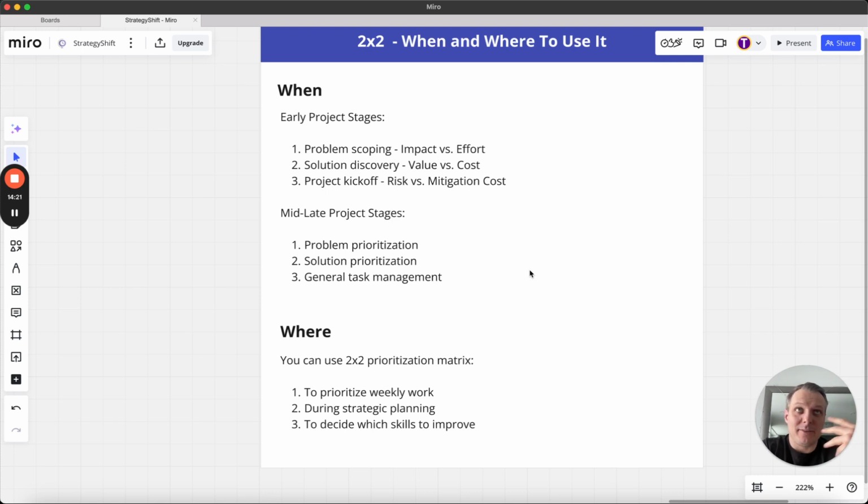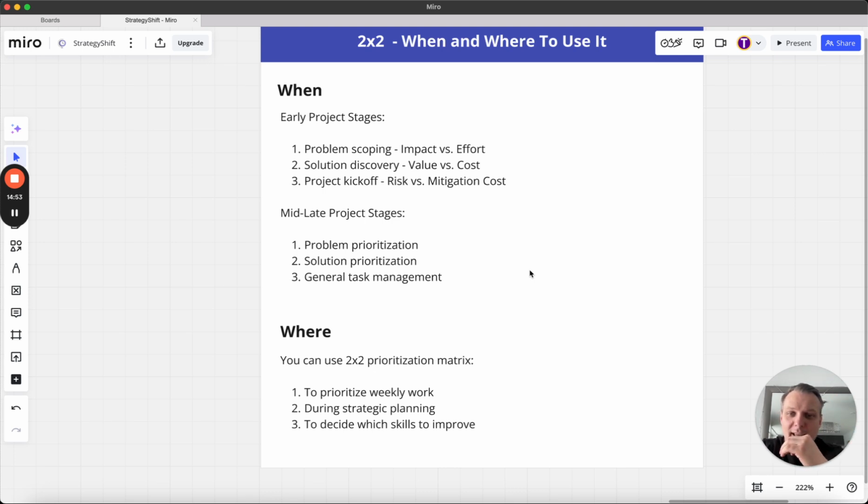So for example, if we have a risk of lack of SMEs, subject matter experts, for a particular project, and we know that it's a high risk because we don't have anybody, maybe we need to bring somebody in who knows what they're talking about, and then we figure out the cost of bringing someone in, and that's the mitigation cost. So we always want to get that organized as well. In the mid to late project stages, the same thing: problem prioritization, solution prioritization, and general task management can be used. Any of these can be used in that case.